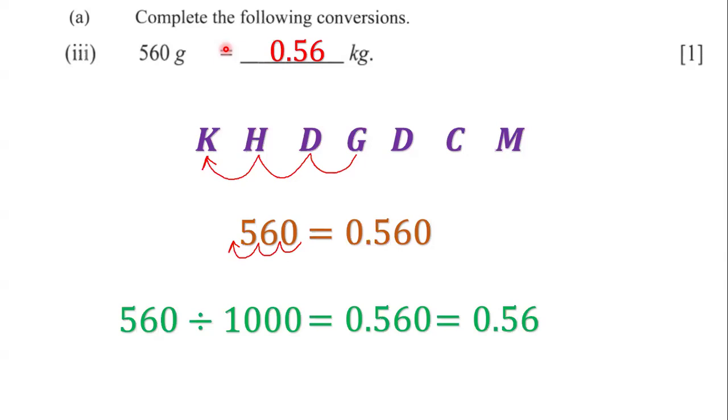Okay, so let's move on to our final one with mass. We did grams to kilograms. We did milligrams to, I can't remember what that was, milligrams to grams. Cool. So I'm going to do one more. I want to do grams to milligrams. We're going to switch it up.